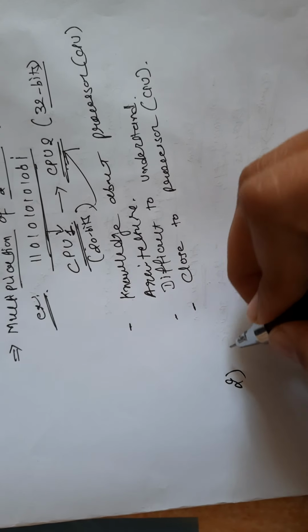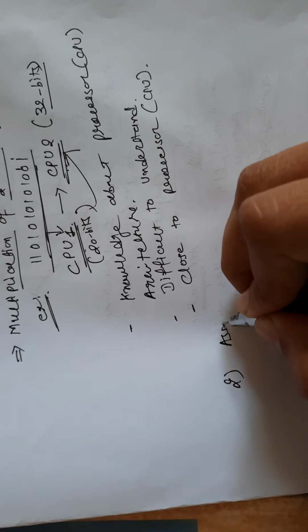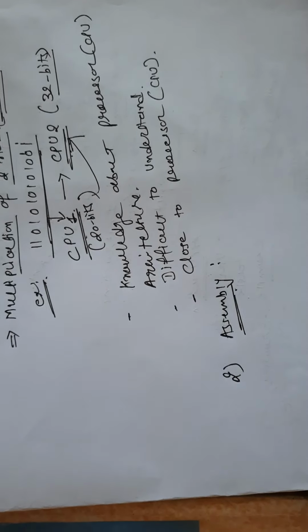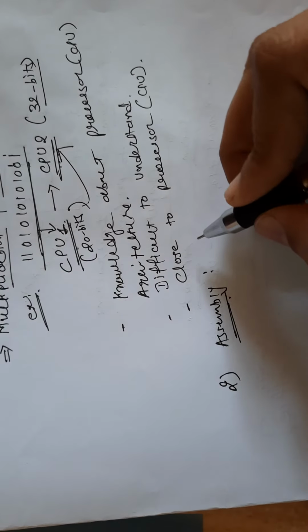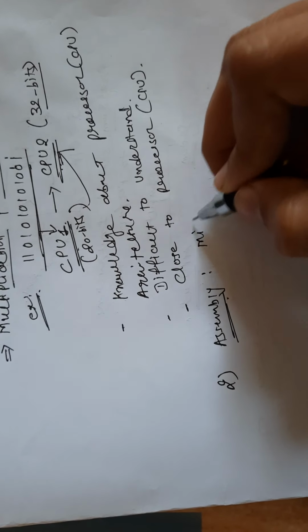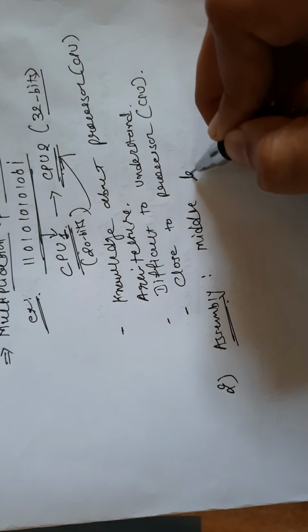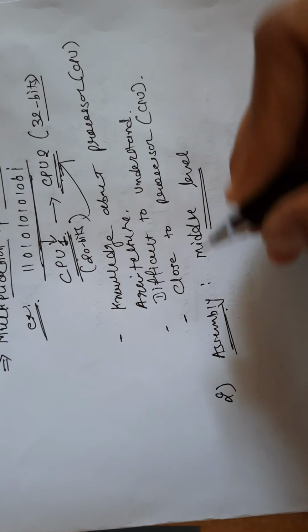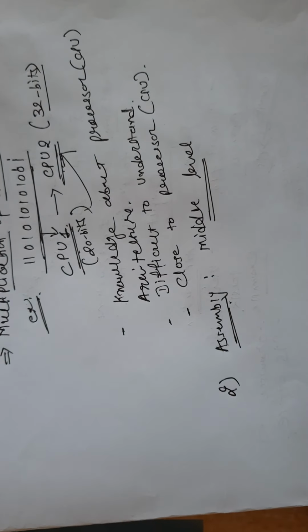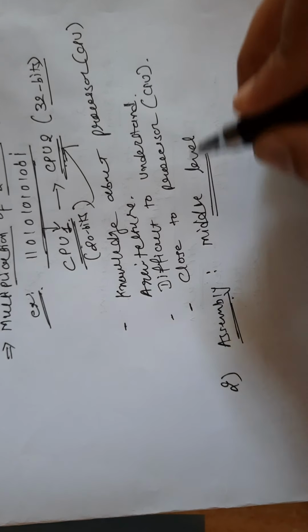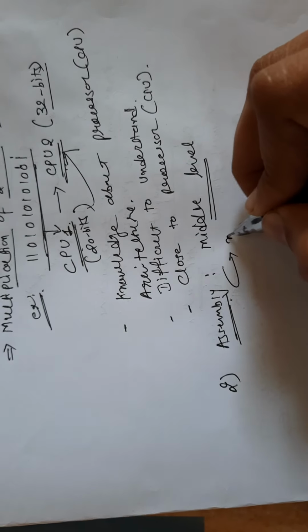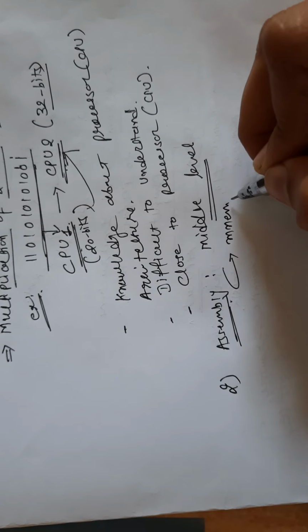The other language we will see next is assembly language. And what is this assembly language? Assembly language is a middle level language. Here, if we want to perform multiplication or addition or subtraction, anything, that can be done with the help of mnemonics.